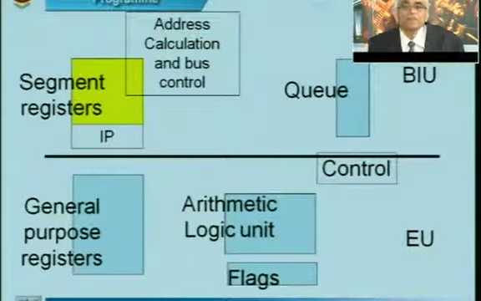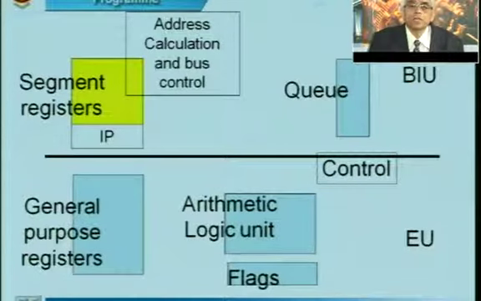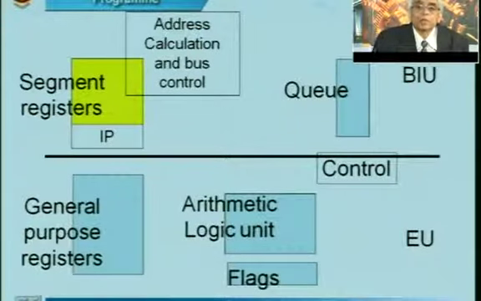In this case we are talking about the operation code, a code of 16 bits, which is brought and loaded into the queue. Once the bus interface unit fetches this code and puts it in the queue, the control unit accesses this data from the queue and starts executing the program.